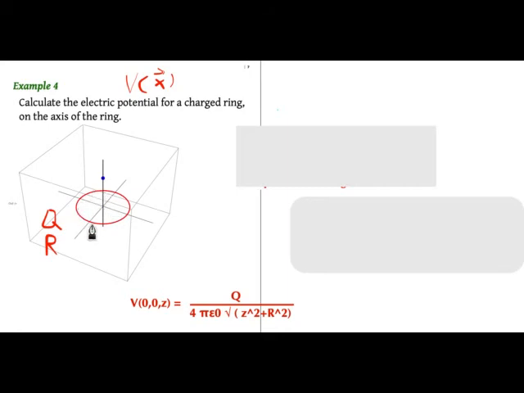So I have a ring, and let's set up the coordinate system so the ring is in the xy plane, and the axis of the ring is the z-axis. And the problem is to calculate the electric potential for a point on the axis of the ring. So say for this point here, 0, 0, z. So what's V of 0, 0, z?